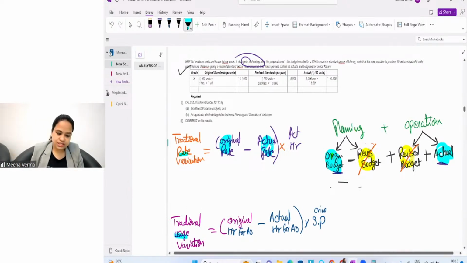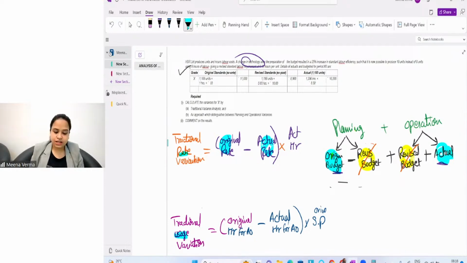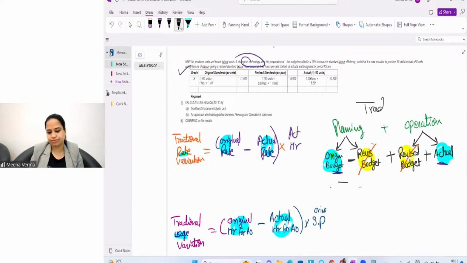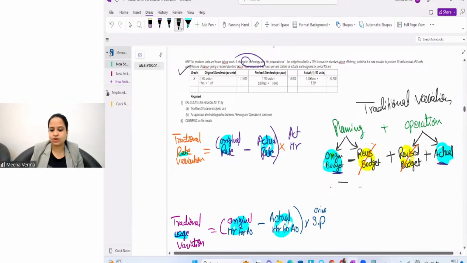And when I was considering the efficiency variance, I considered the original hours, then the actual hours, because the sum of these two will be traditional variation. This is your traditional variation. The sum of planning and operational variation is traditional variation.